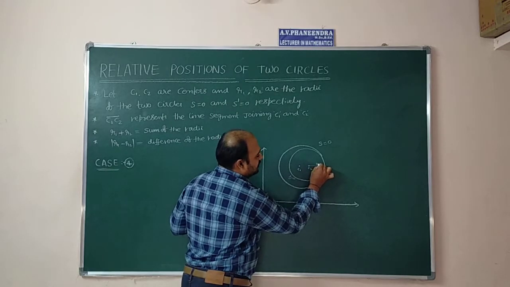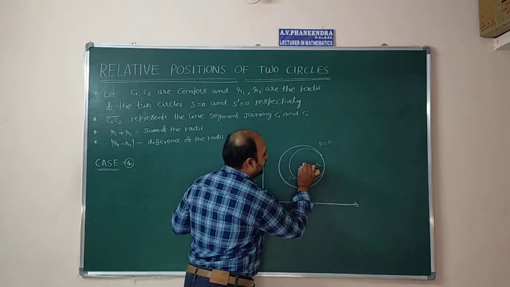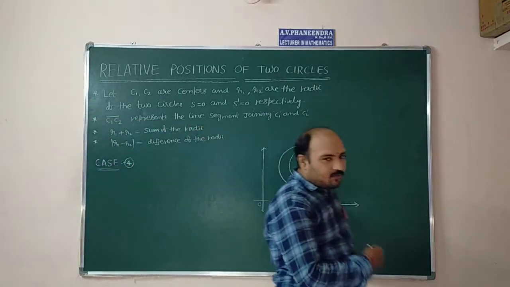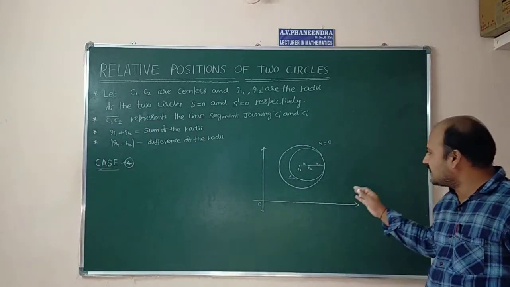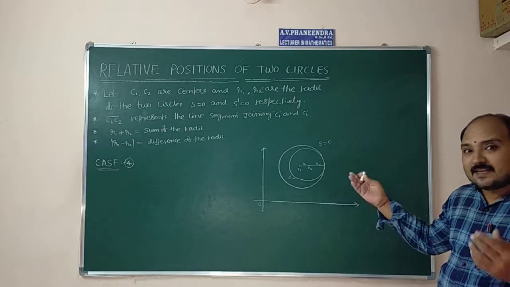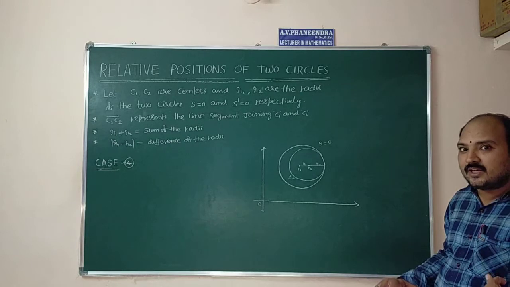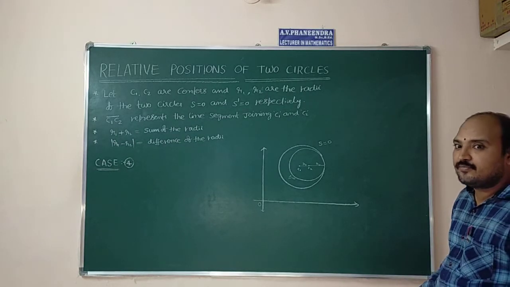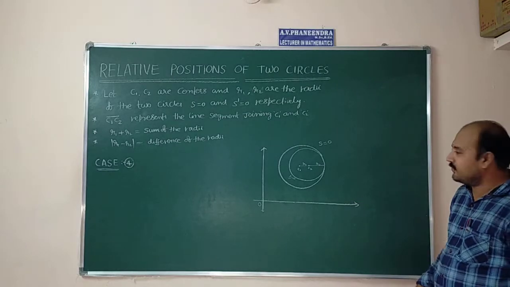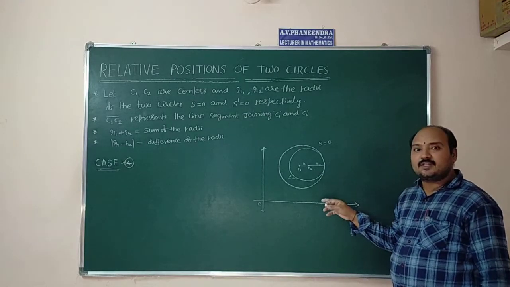The second circle radius is R2 and the first circle radius is R1. In this diagram, if you observe, the two circles touch each other internally. In the second case, we observed that two circles touch each other externally. In this fourth case, two circles touch each other internally.